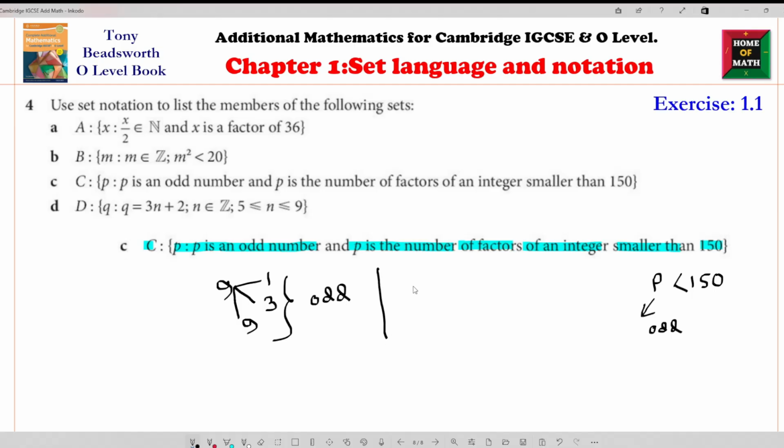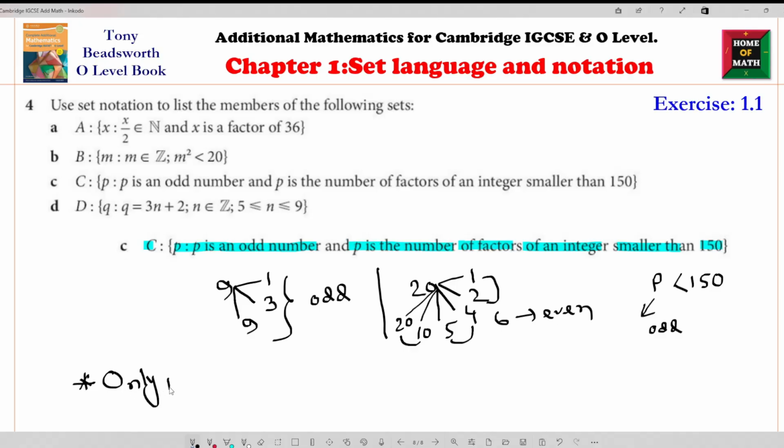But if we consider 20, we can divide by 1, by 2, by 4, by 5, by 10, and by 20. So 1, 2, 3, 4, 5, 6. 6 is even.